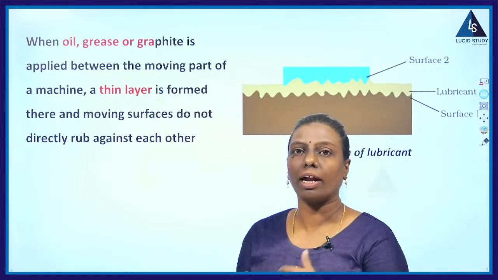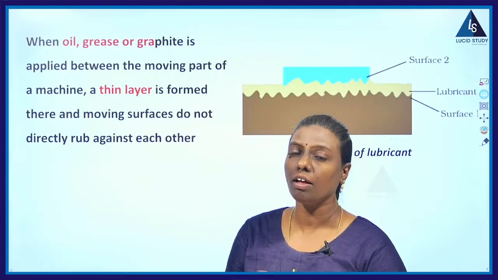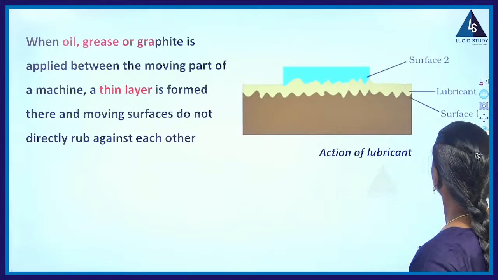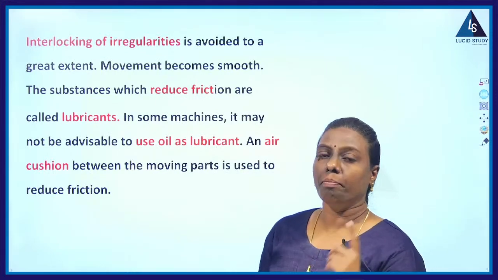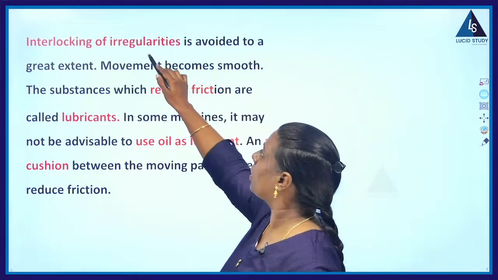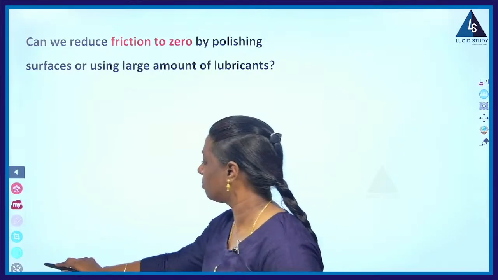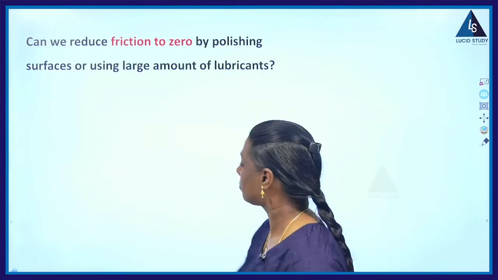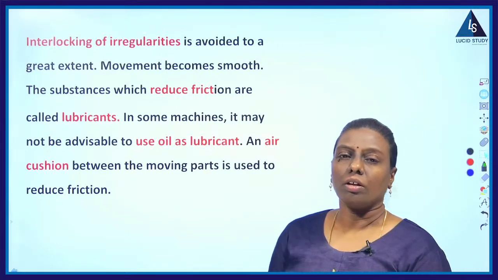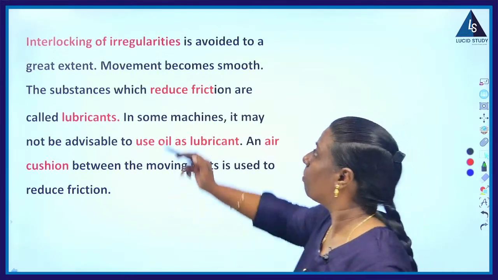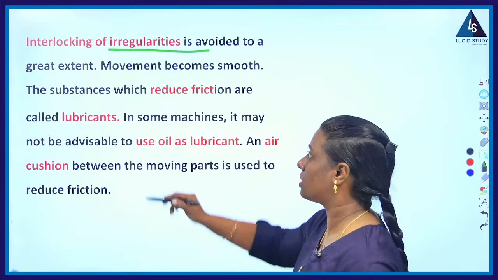If the surfaces touch one over the other, what will happen? There will be wearing out of the surface layer. By applying oil or grease, the interlocking of irregularities is avoided to a greater extent.